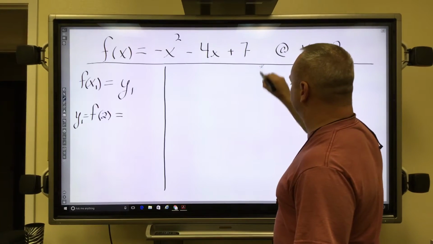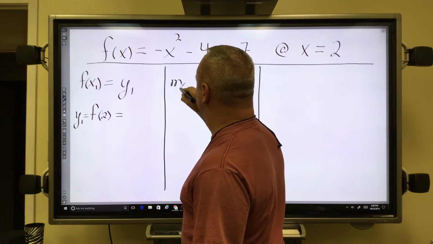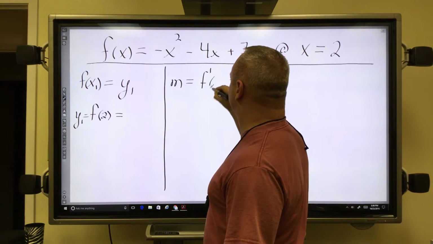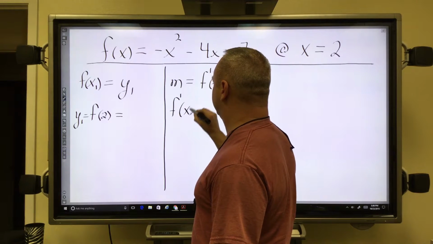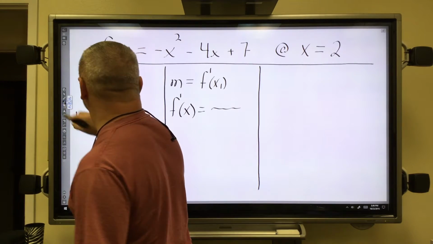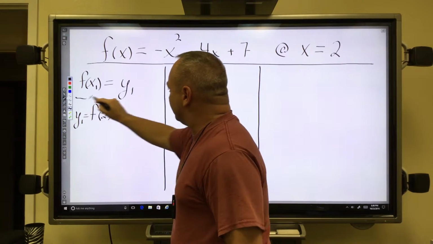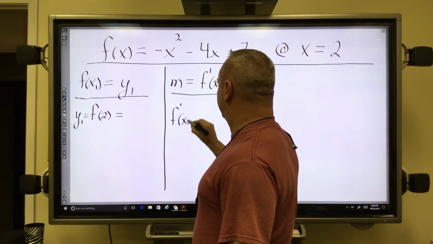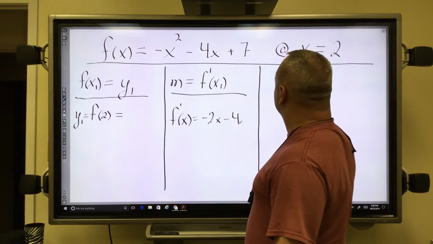Then in the next column, you have to find m. So m is equal to f prime of x1. In order to find this, we have to find f prime first. f prime of x is equal to negative 2x minus 4, and then you plug in the 2.